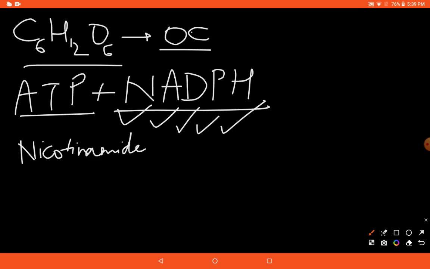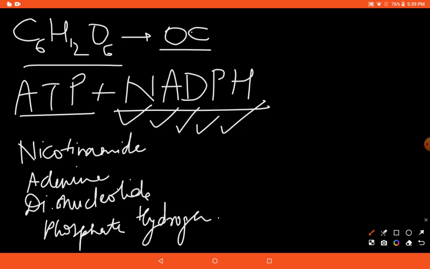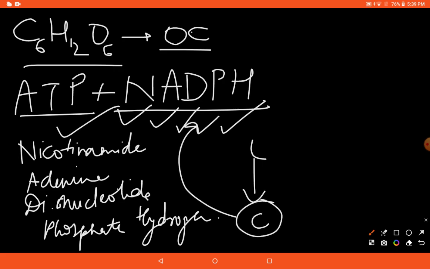So whenever processes like photosynthesis take place, these organisms convert the light energy into chemical energy in the form of ATP plus NADPH.